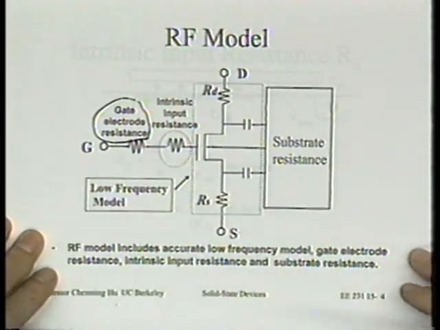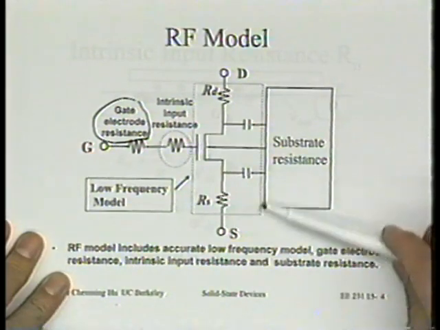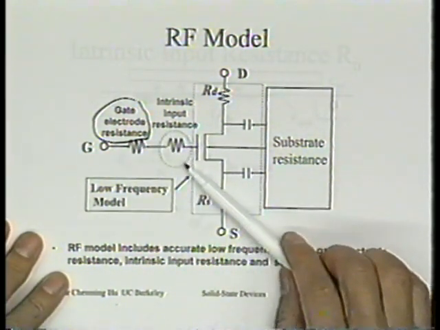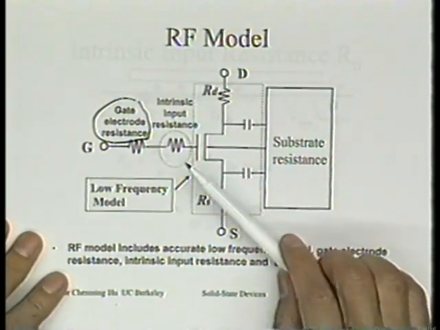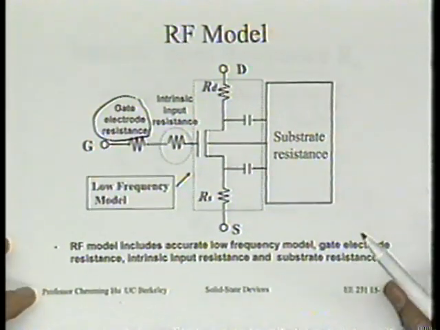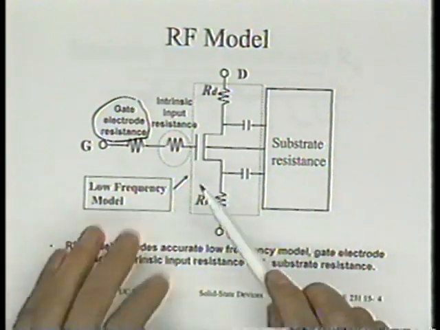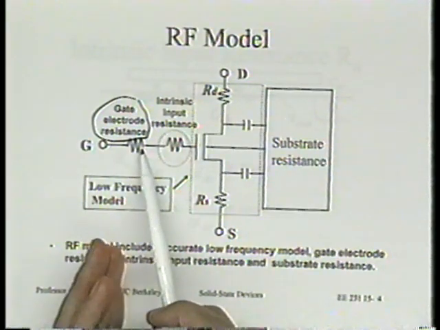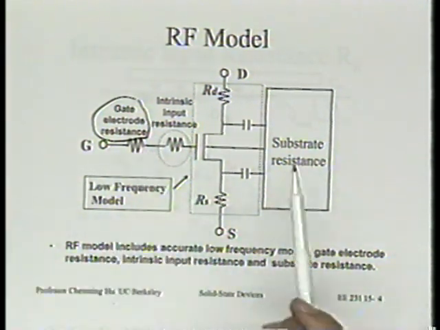All right. So you start with the very accurate basic low frequency model. Then you have to model the input characteristics, and after I describe that, you will see why that's important to RF behavior. Well, maybe I will do it this way first. Let me just say, let's assume all we have is the gate resistance. Let's understand why the gate resistance is important for RF operation.